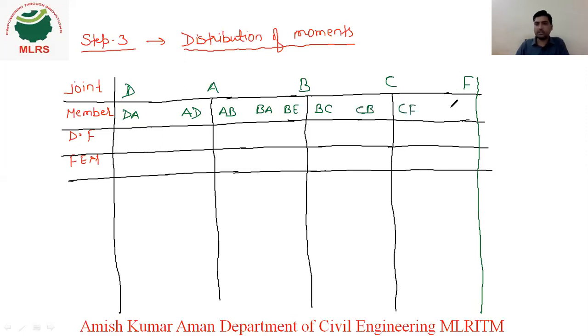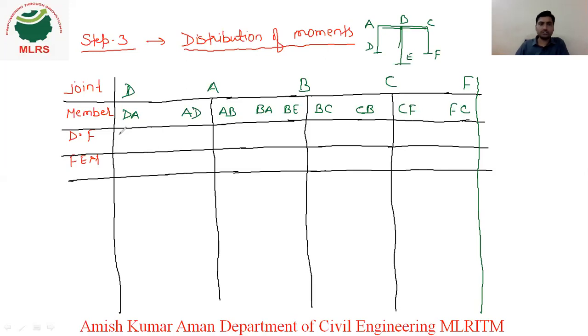And for F, we have only FC. Okay. So if you see here, BA and BE both come under your B support only, because if you see the frame, A, B, C, D, E, F. This is your B joint, BC, BA and BE.